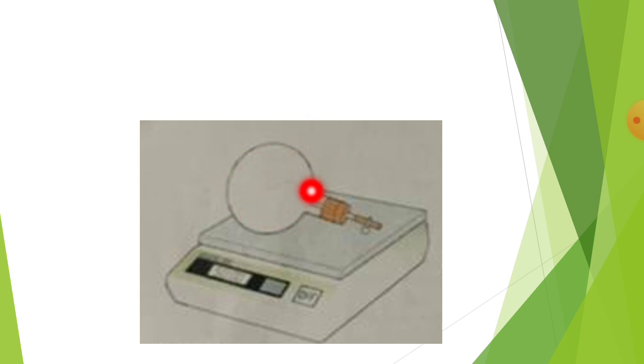So the first reading is the one with the gas. We're going to take the measurement, then attach it to a vacuum to suck out all of the air, place it back on the scale and take the second reading. And now we have the mass. To get the mass, we will subtract the second reading from the first reading.